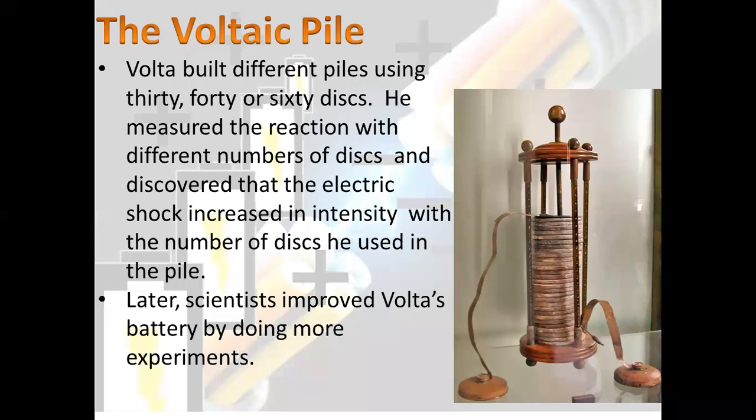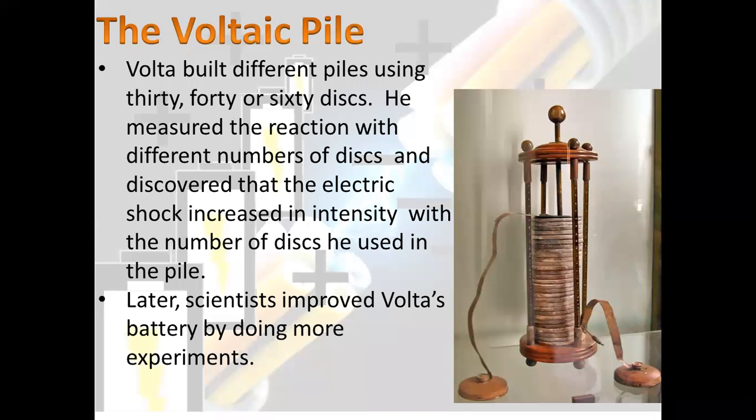He measured the reaction with different numbers of discs and discovered that the electric shock increased in intensity with the number of discs he used in the pile.